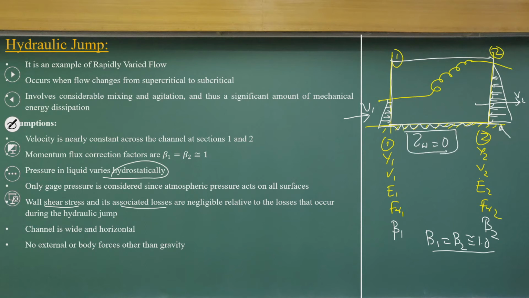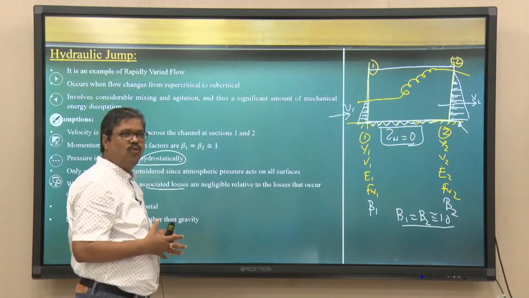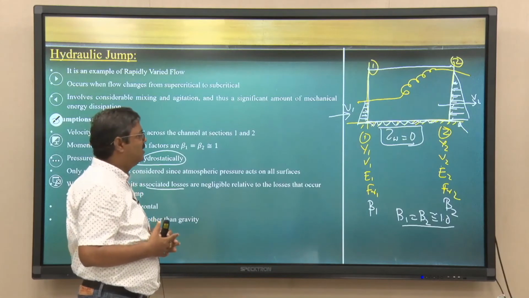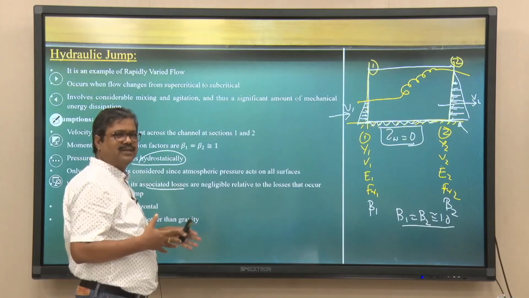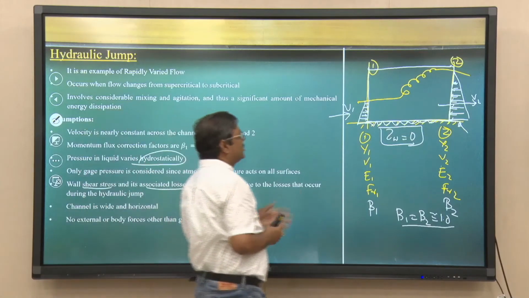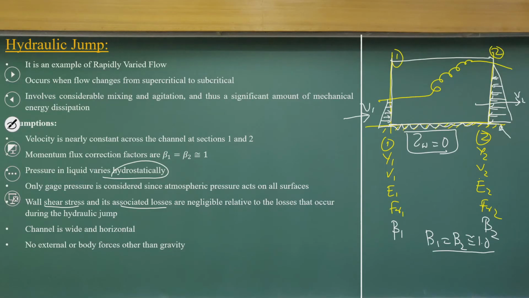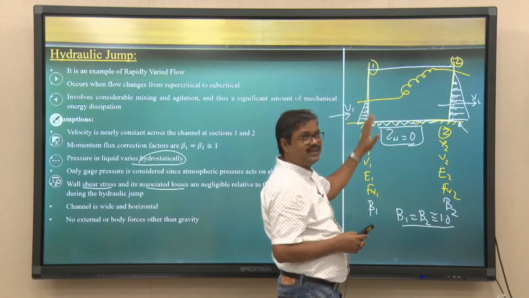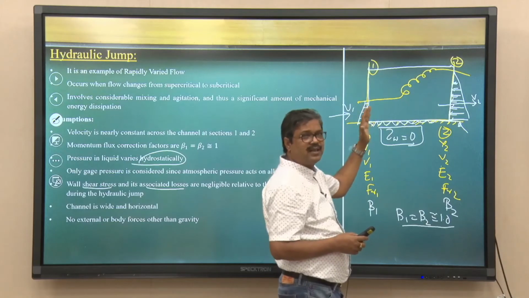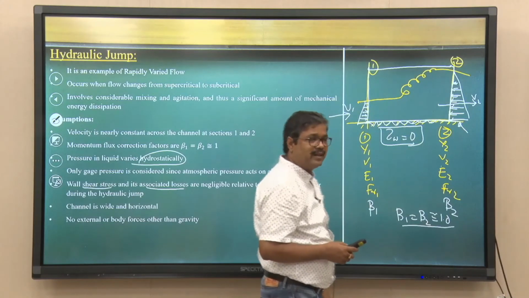It is quite simplified. Basically, the force because of wall stress will be much less than the pressure force generated by the hydrostatic pressure field. Flow is there, but the pressure distribution is close to that of a flow at rest.